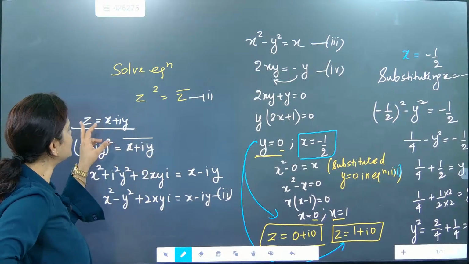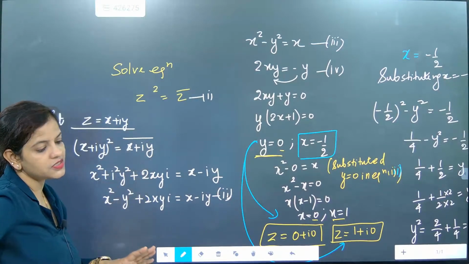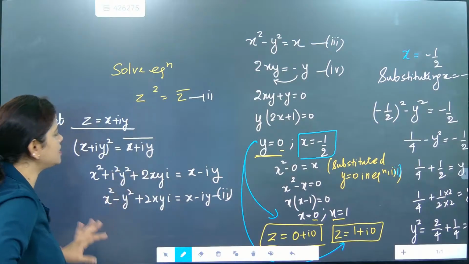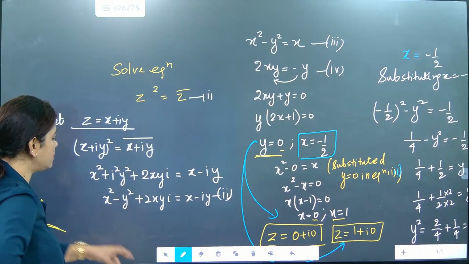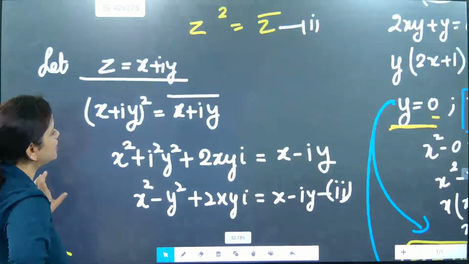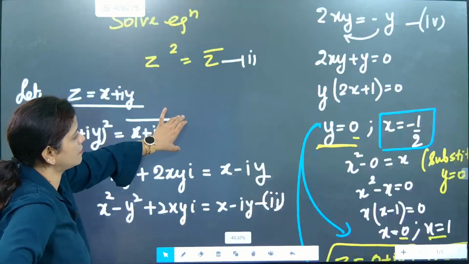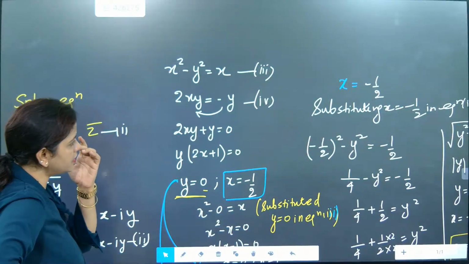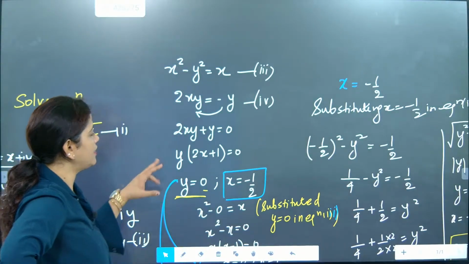We assumed z is equal to x plus iy, and then substituted z in LHS and RHS, and by solving we got two equations: real part equal to real part, and imaginary part equal to imaginary part. With that we got two equations, equation 3 and equation 4, and we got the values.